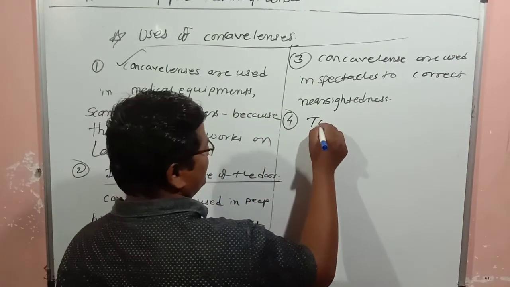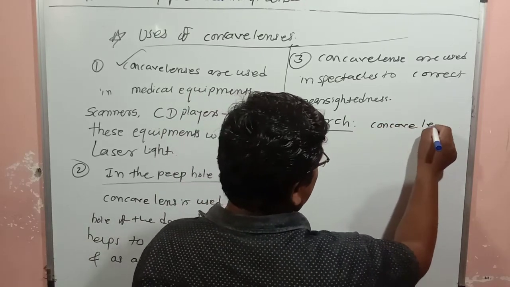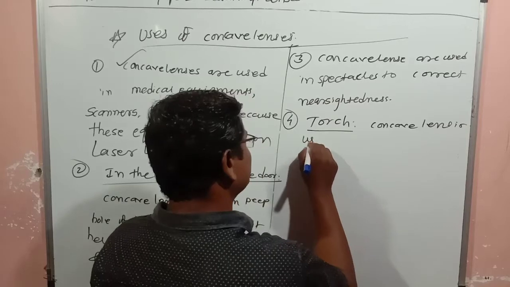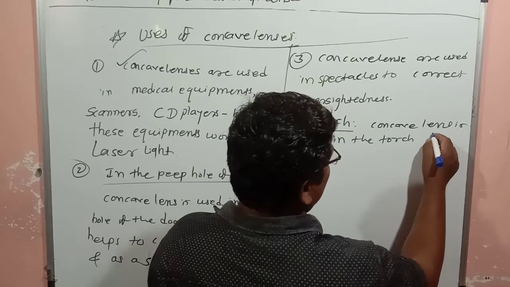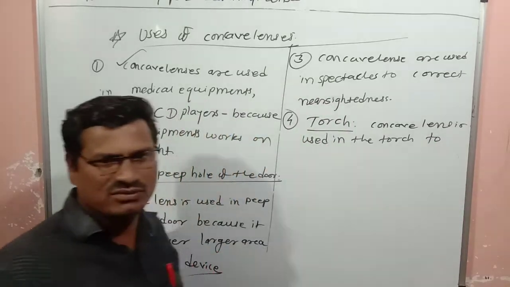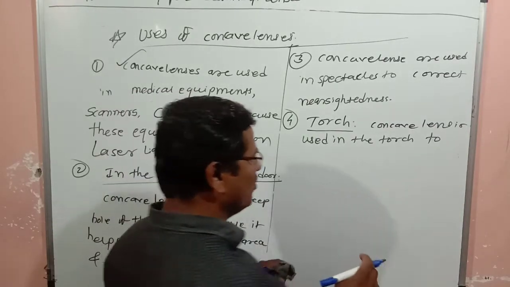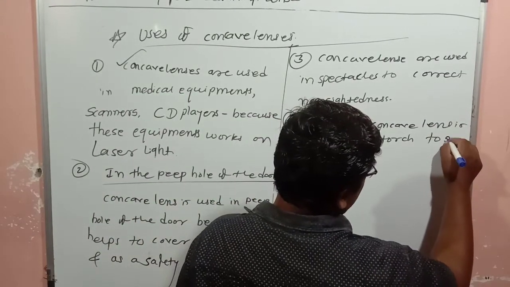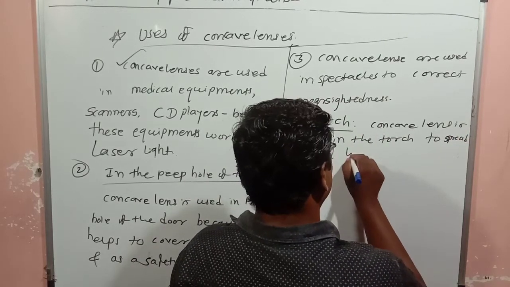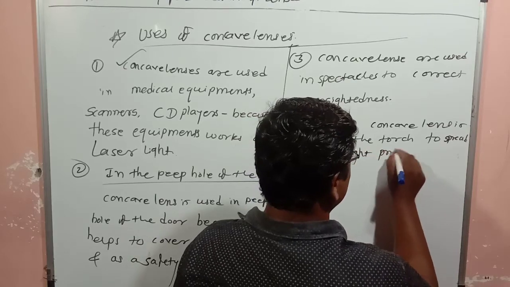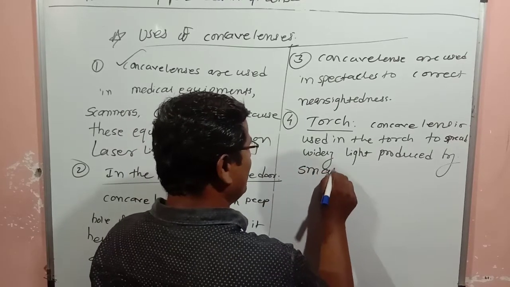So concave lens is used in the torch to spread widely light produced by the small bulb of the torch.